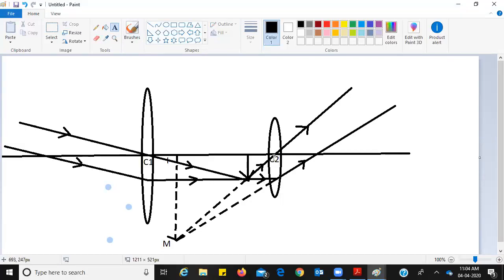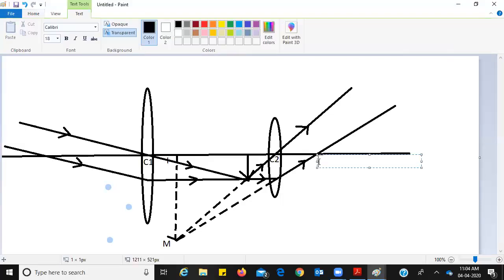Where the parallel light ray passes to the focus is F. If you mark FE, that much measured depth from C2 to FE, it will be within the focus, right? The image, FE.